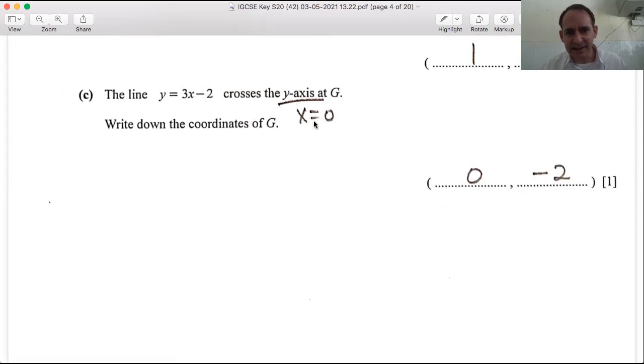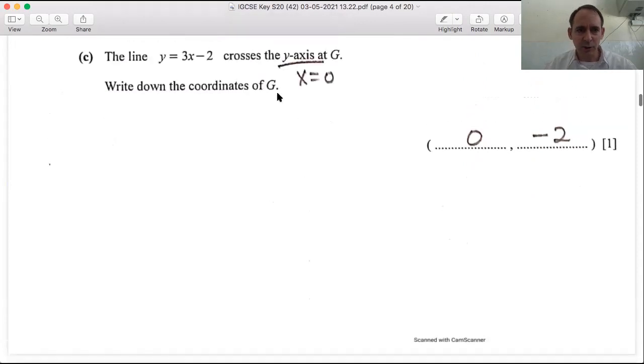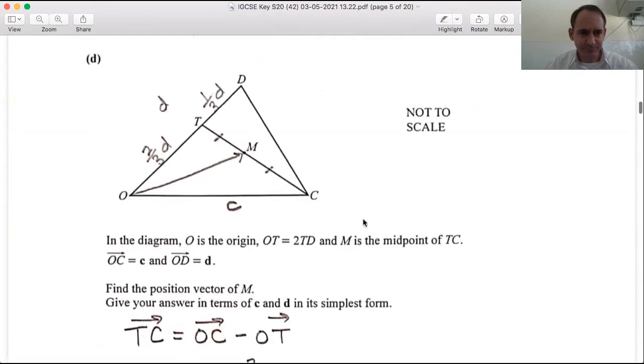If you cross the x-axis, that means your y is 0. It wants us to write down the coordinates of G. We already know that x is 0, so we plug that in. 0 times 3 is 0, and that leaves y as negative 2. So (0, -2) are the coordinates of G.